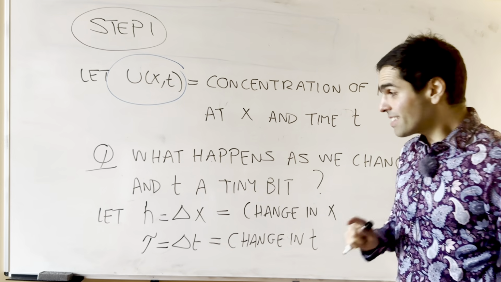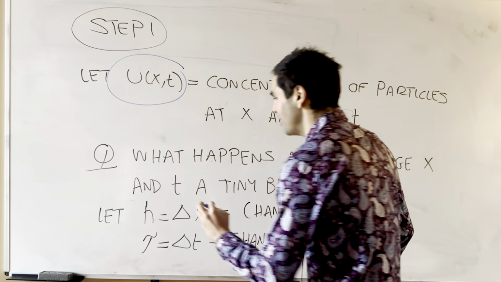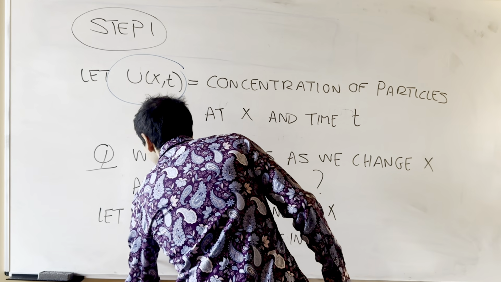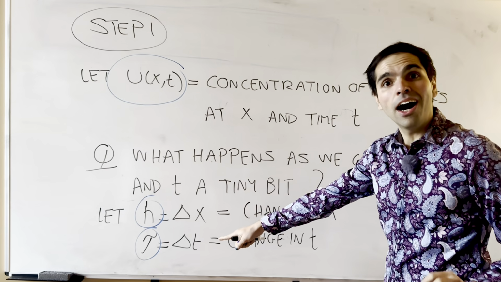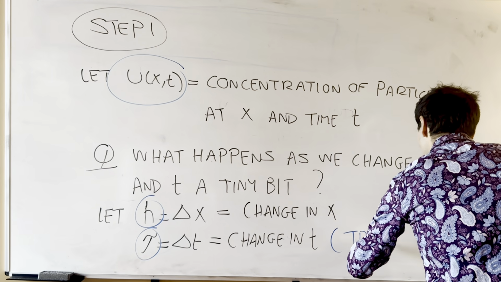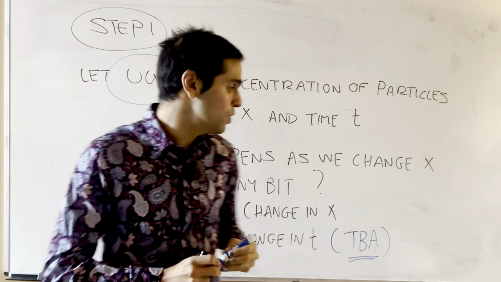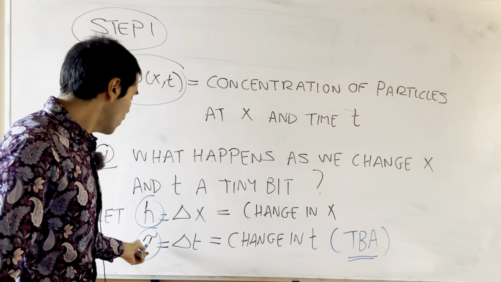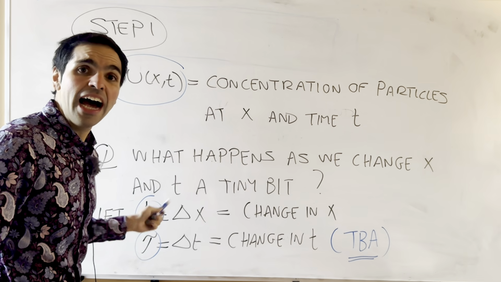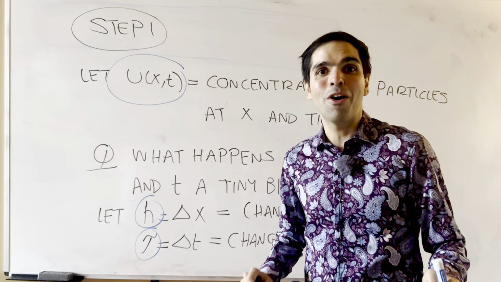Now, extremely important for the end, so please remember this. Tau will be to be announced. And in fact, later on, we will choose tau in terms of h to solve a problem.